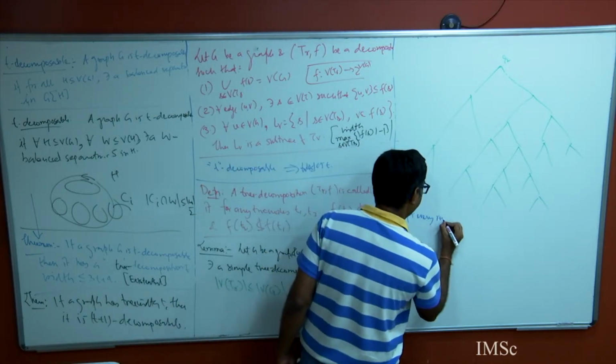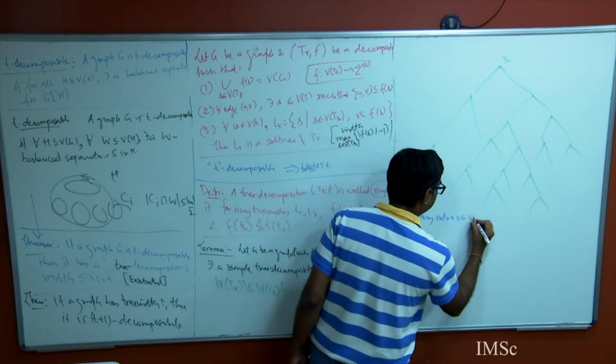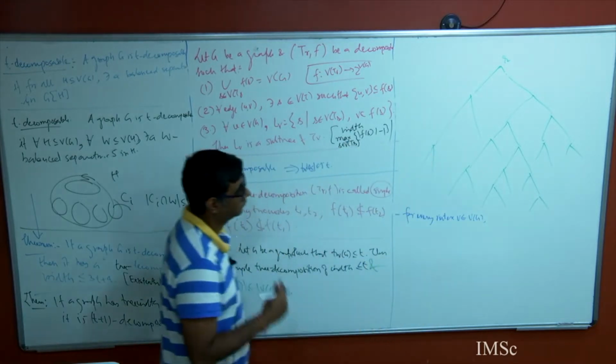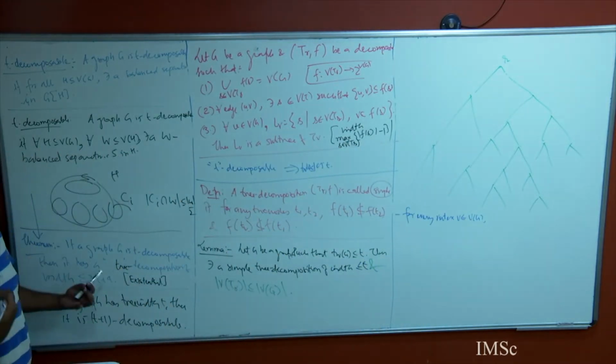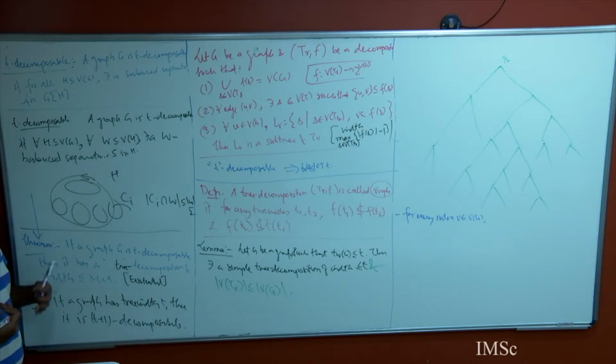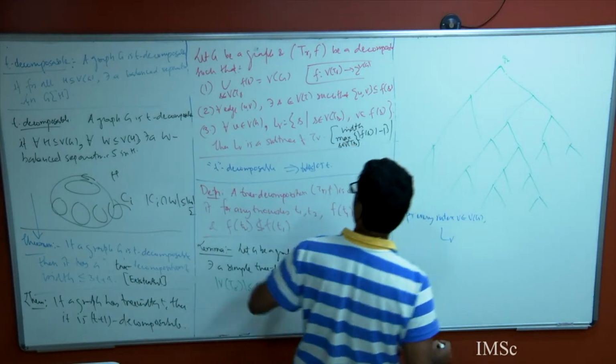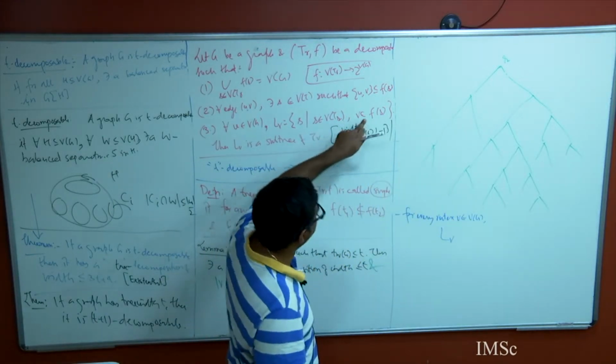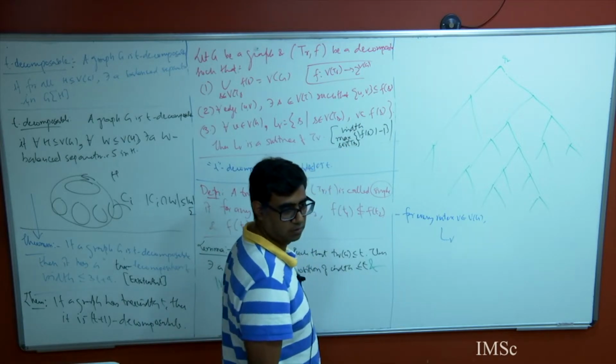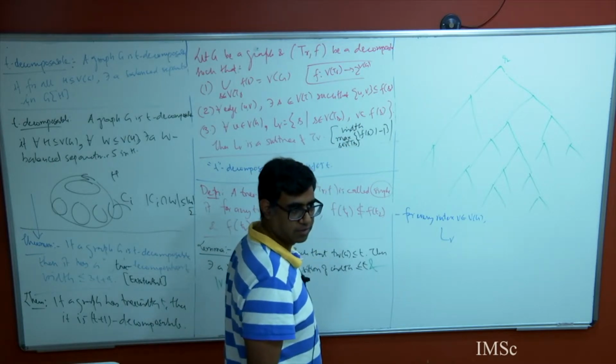Look at all the nodes, or look at L_v. What is L_v? It is the set of S in V(TR) such that v is in f(S). Right, this is what it says, right?